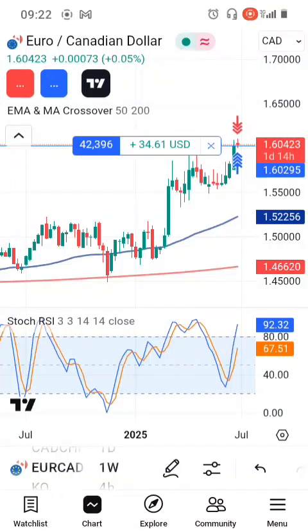Now the way the formula works is I always look at only two time frames. That's the weekly chart and the 4-hour chart. So let's look at the 4-hour chart now.